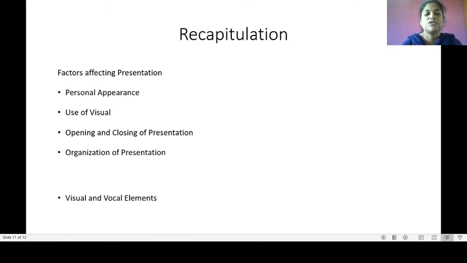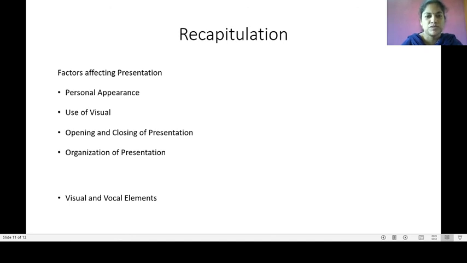In visual elements we saw how the person has to dress smart, and as a result it boosts confidence, maintaining eye contact, and talking effectively standing in an upright position.